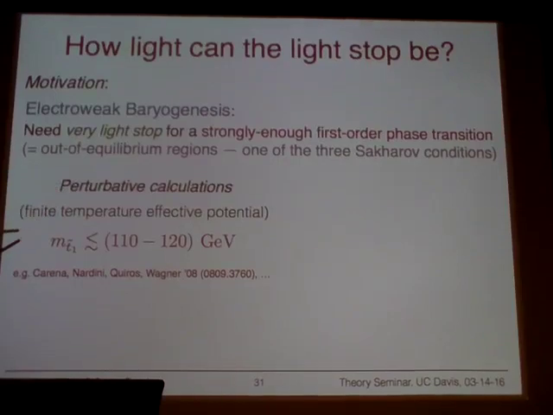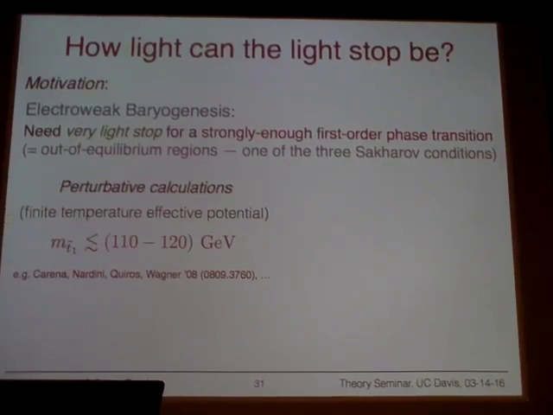but one way to probe this question is by doing perturbative calculations of this finite temperature effective field theory, effective potential, and so many groups have performed these studies, and for instance this paper quotes that the stop mass has to be at most 110 to 120 GeV.